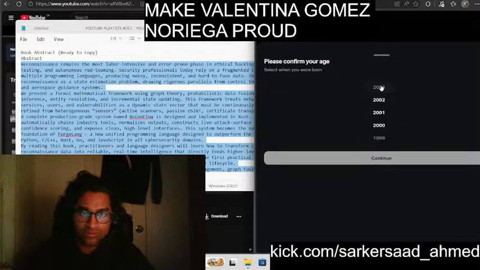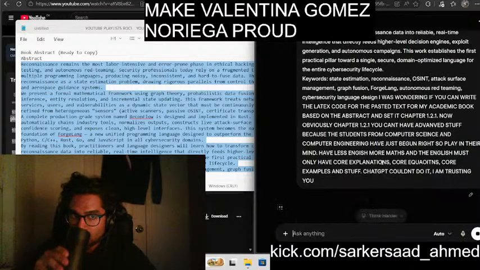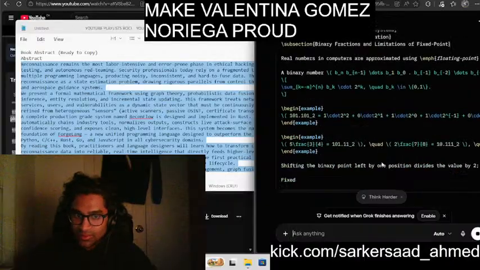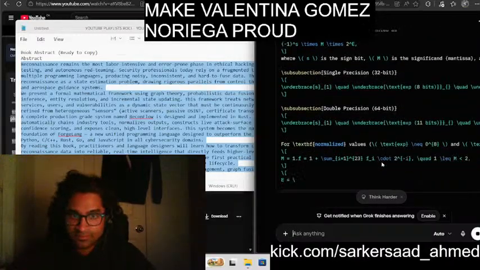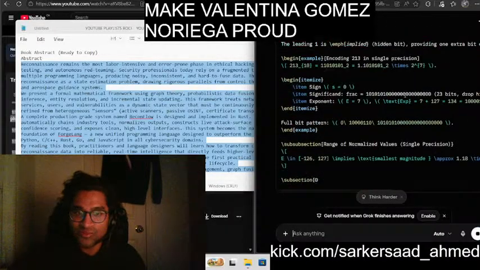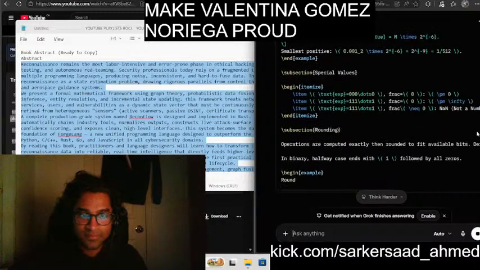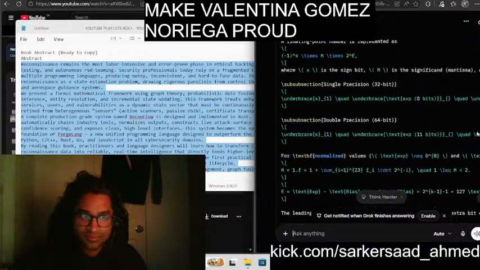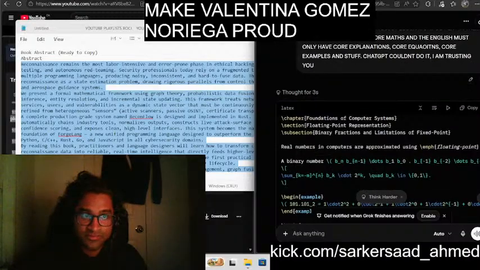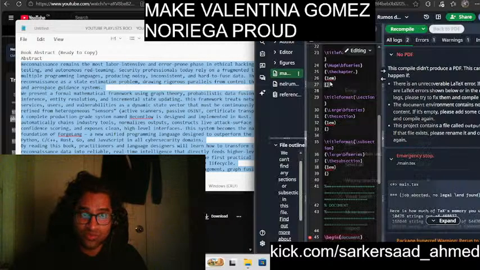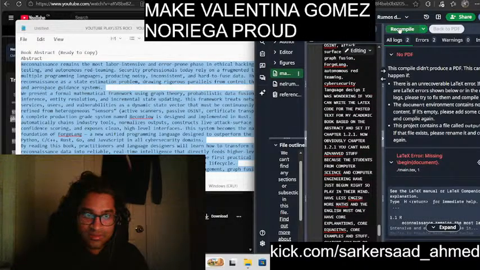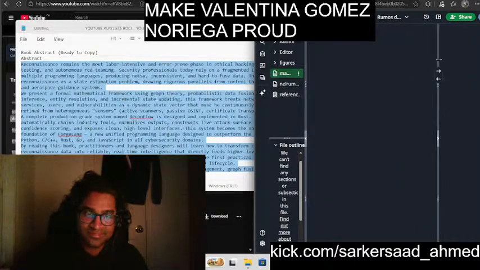There's a good reason why I trust Grok. If this works, no, it didn't work.